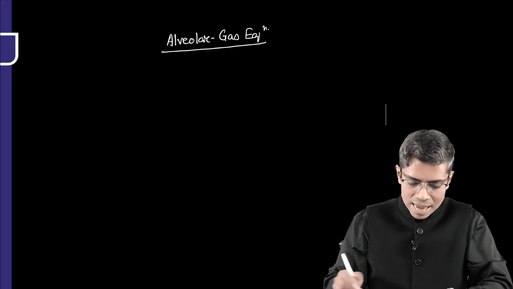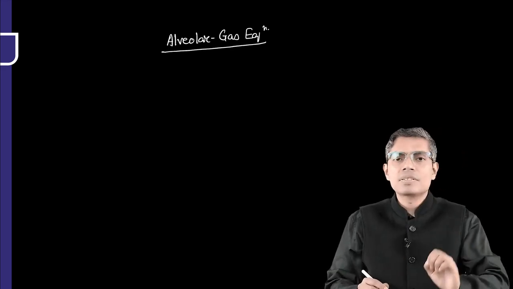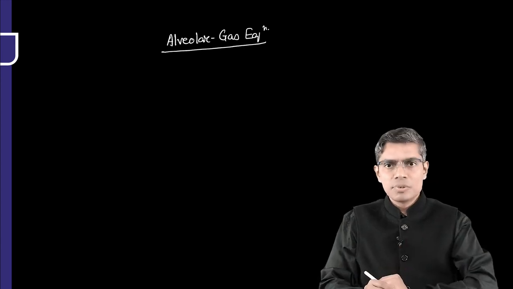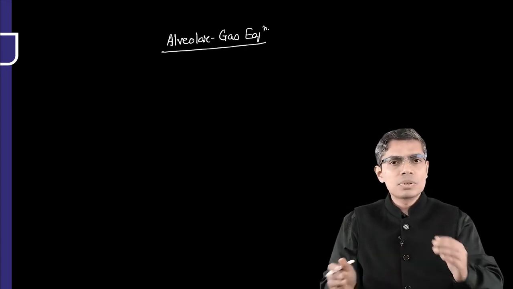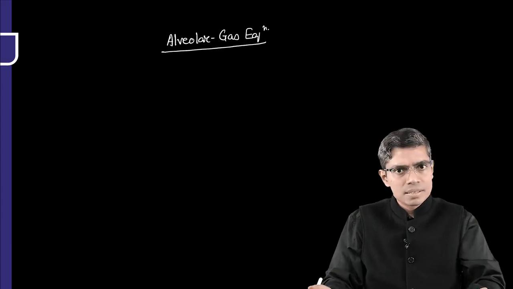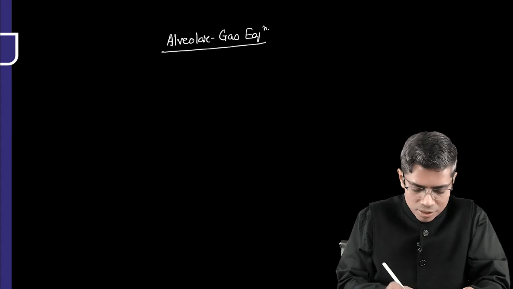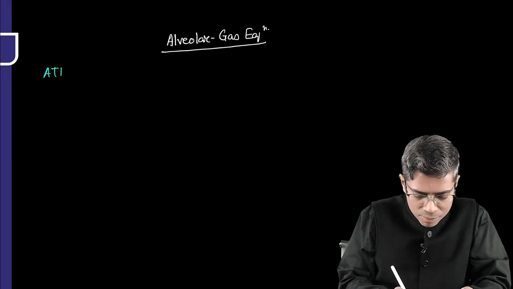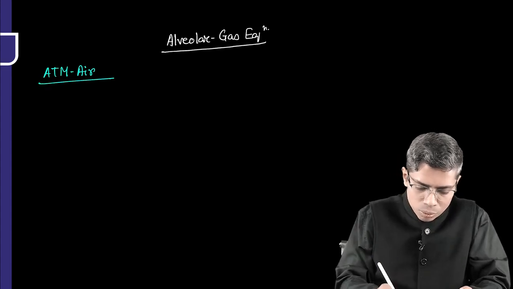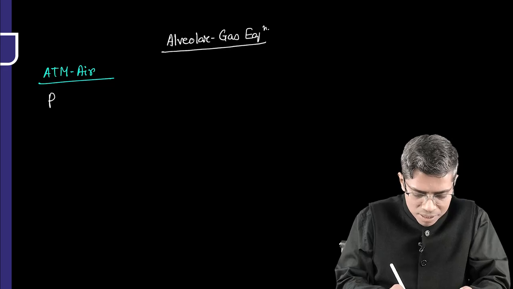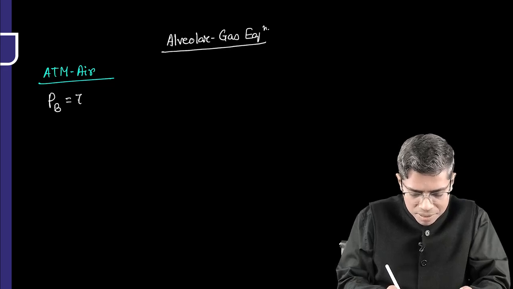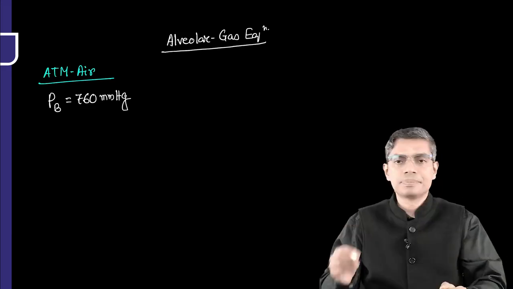Before discussing it, if I ask you what is the total pressure of gases at the level of the atmosphere, that is 760, known as the barometric pressure. So at the level of atmospheric air, the total pressure, the barometric pressure, is 760 millimeter of mercury at sea level.